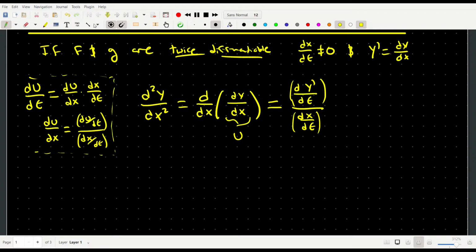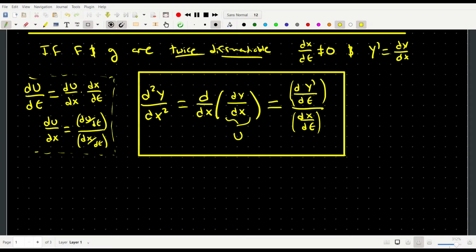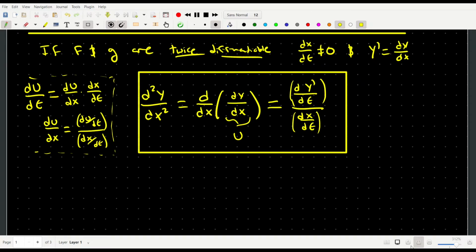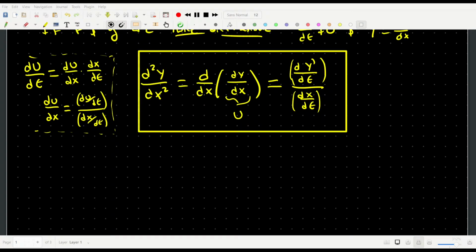But this is a super useful formula. Not only that, but we can use what we know about the quotient rule to get a very nice expression for this, which is a little bit longer than this expression. So I prefer this expression right here, but in terms of just f and g.